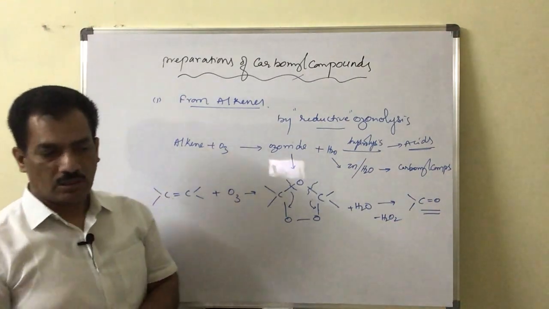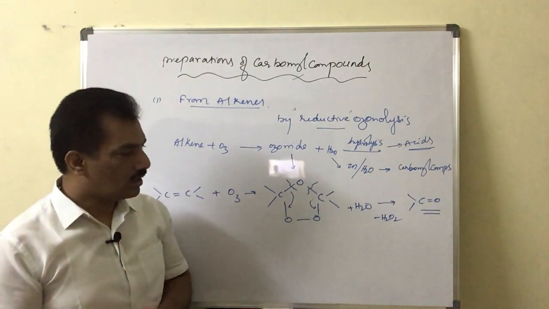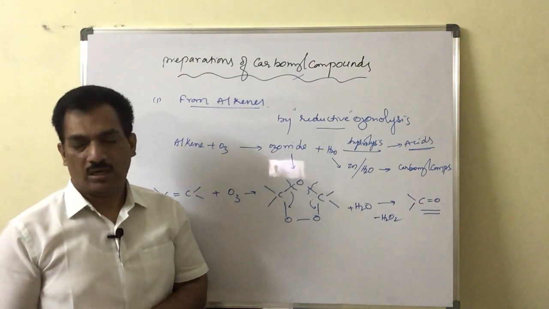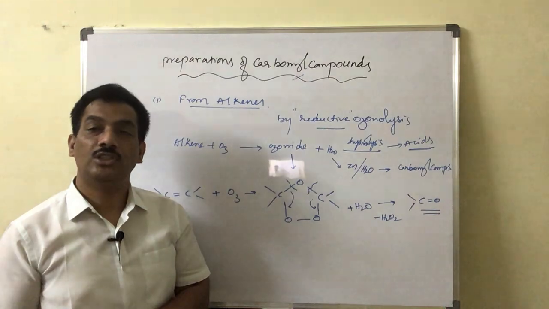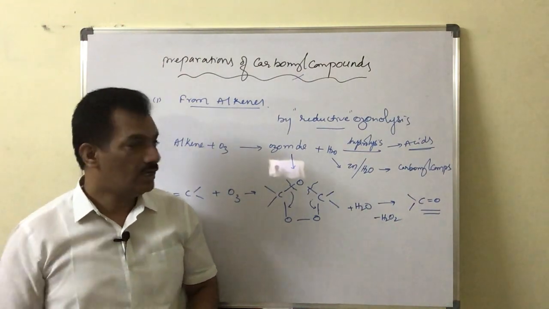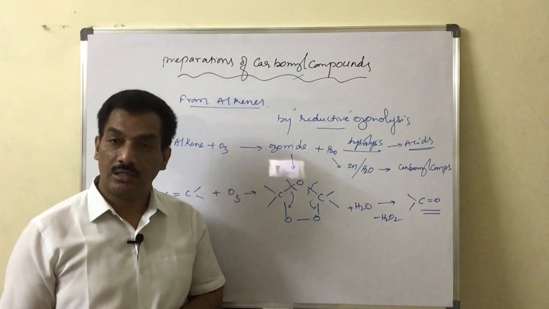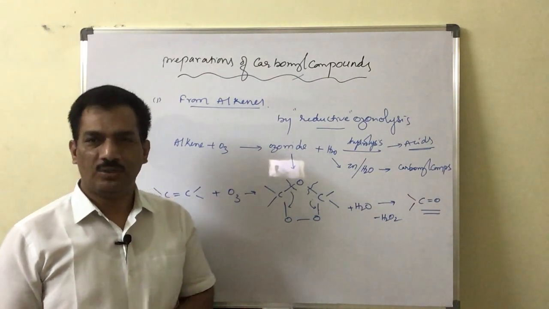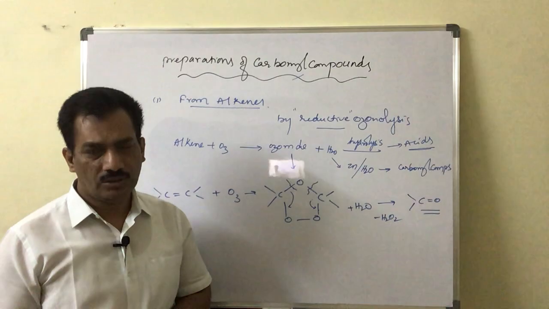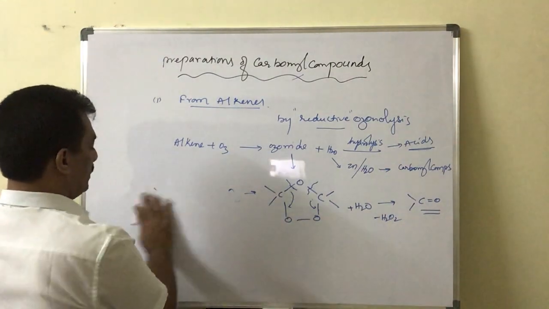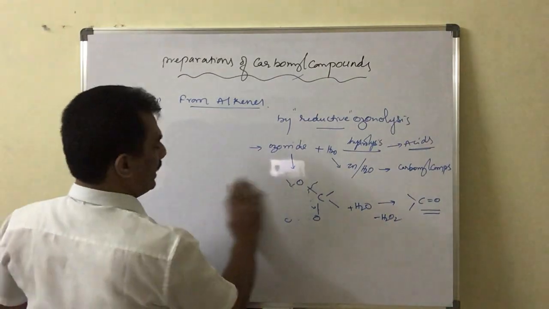Now the doubt or the dilemma is, okay, carbonyl compound will form, but which carbonyl compound? Whether it is aldehyde or ketone, and whether it is formaldehyde or other than formaldehyde. Like that, so many questions we have in our mind, is it not? For that purpose, let me explain this in sequence again.